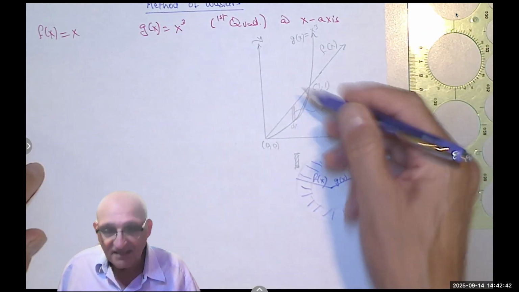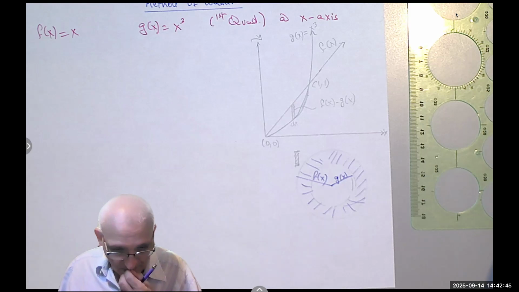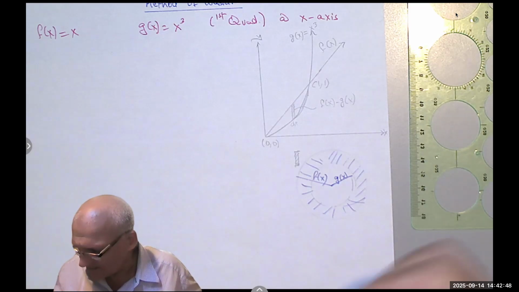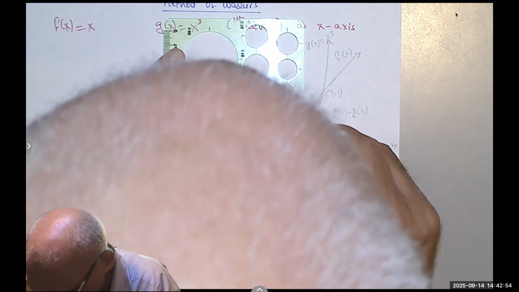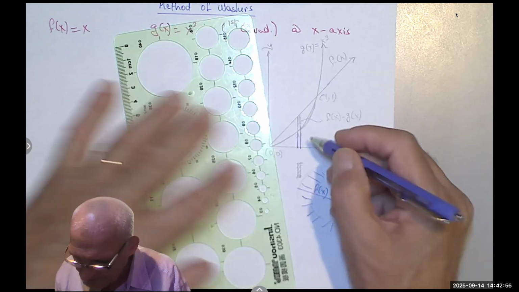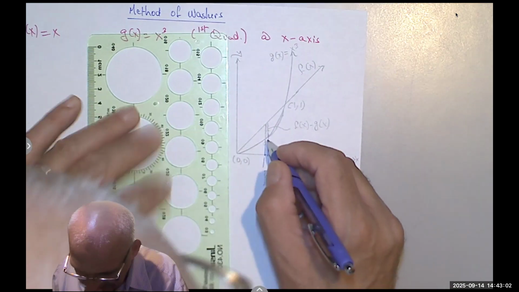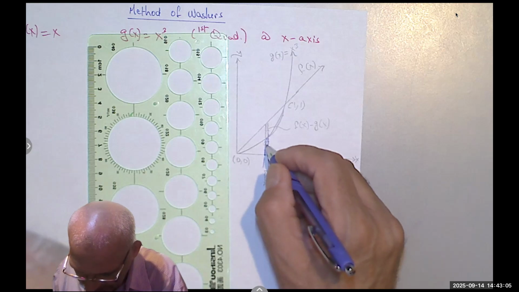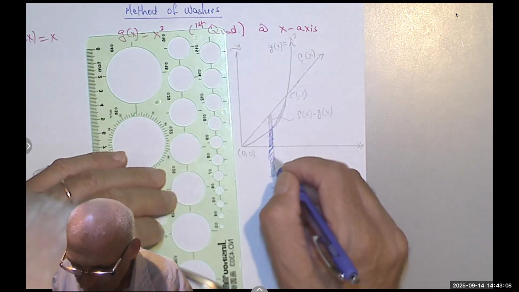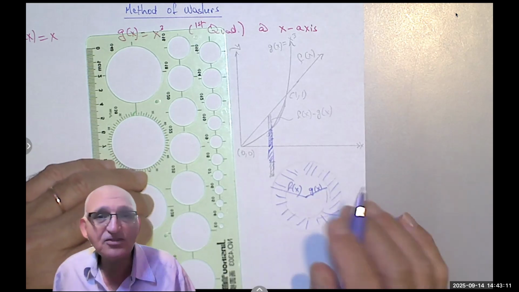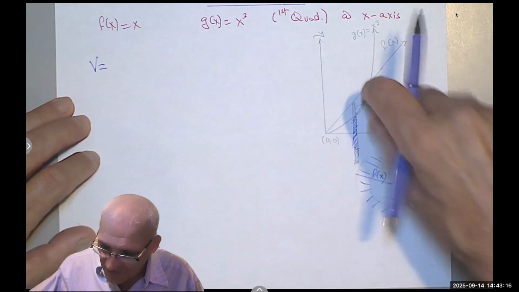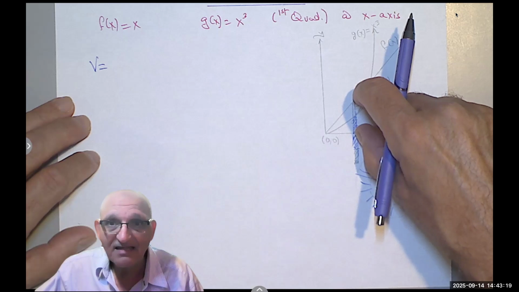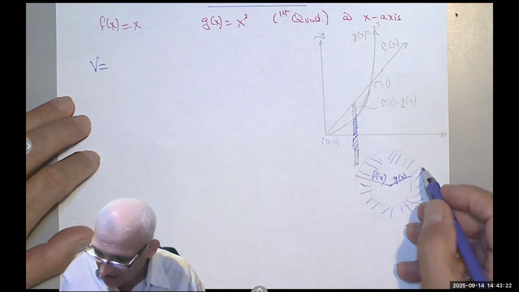So when I rotate this, you will get this piece forming a disk, and then you will get this part rotating and forming a void. The volume would be, if this was a solid piece and I didn't cut anything from it, the radius would be f of x.